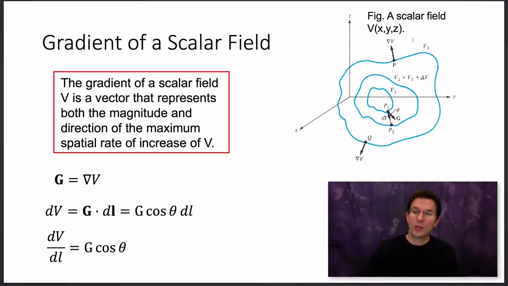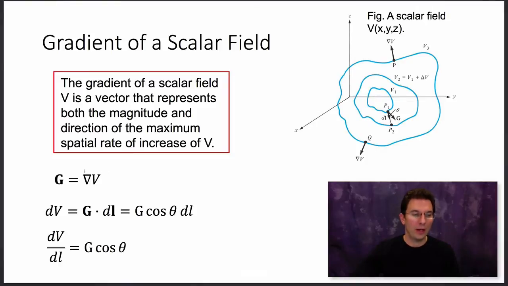It turns out that the gradient of a scalar field, V, is a vector that represents both the magnitude and direction of the maximum spatial rate of increase of that field, V. So when you take a gradient of a scalar, you get a vector here, G.